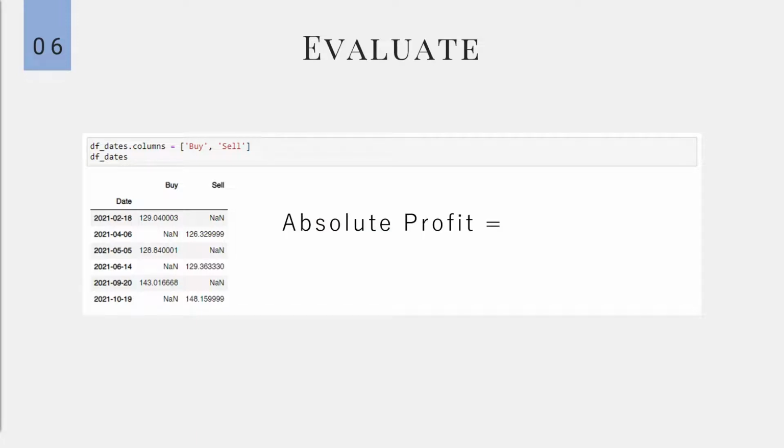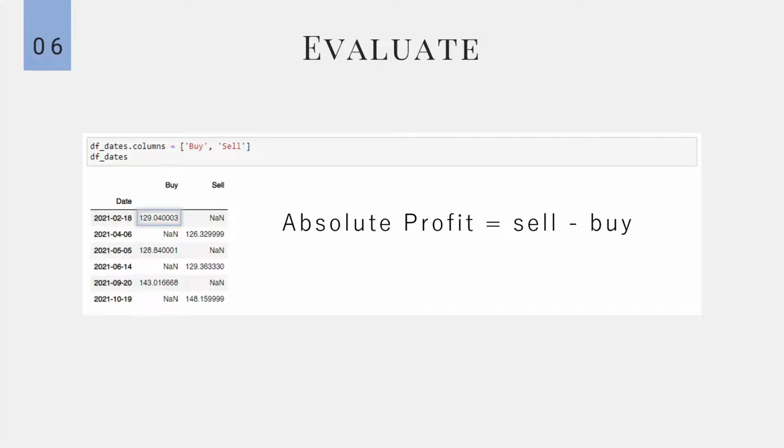So first the absolute profit for one trade is simply the sell price minus the buy price, which gives you the absolute profit that you would have had if you bought one stock.